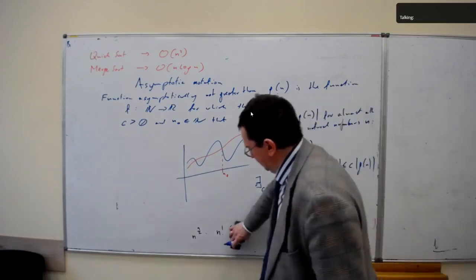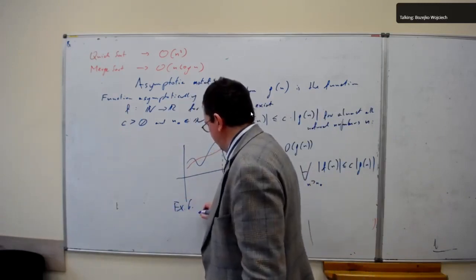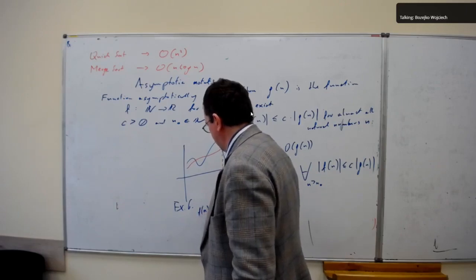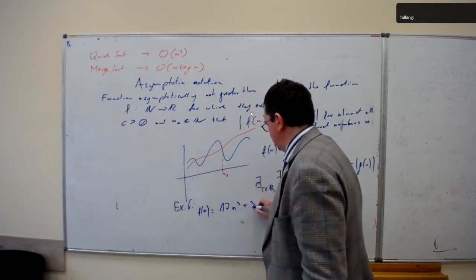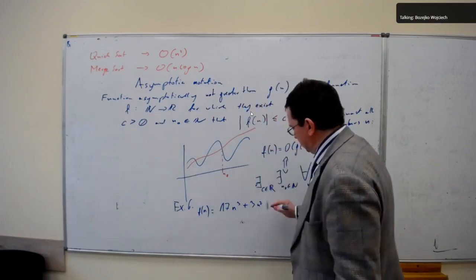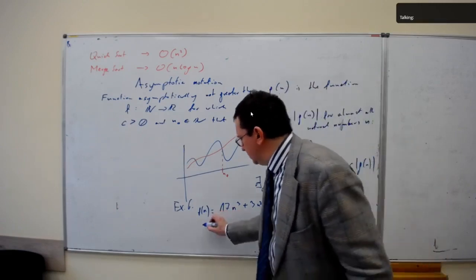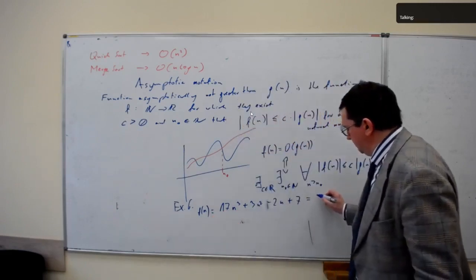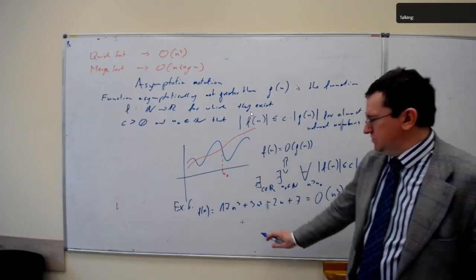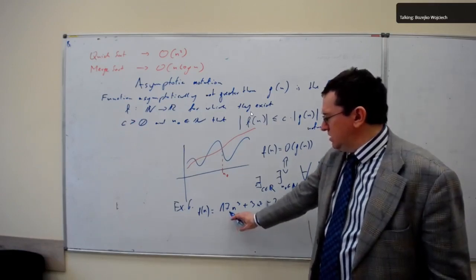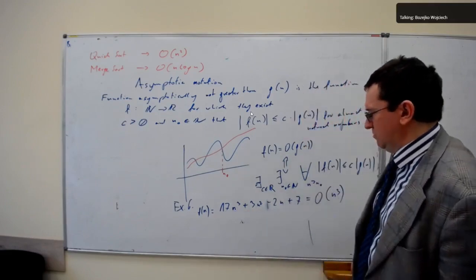An example, the sixth one. If we have the function f like this, 17 times n to the power of 3 plus 3 times n squared minus 2 times n plus 7, we can write that this function is big O of n to the power of 3, because we can find a constant, for example 20, and show that from some place this function will be smaller than 20 times n to the power of 3.